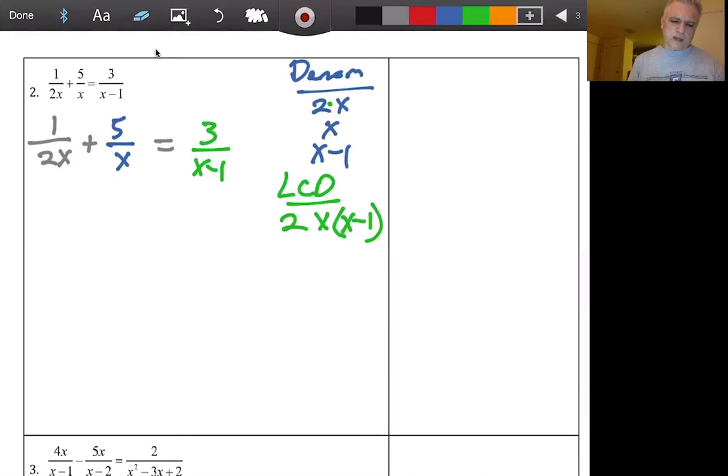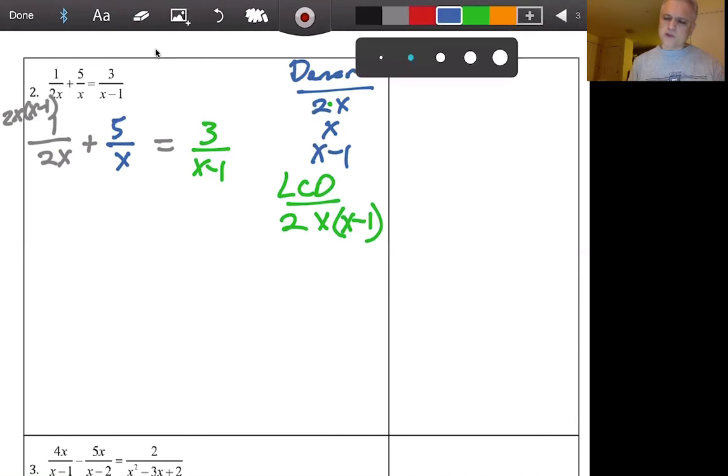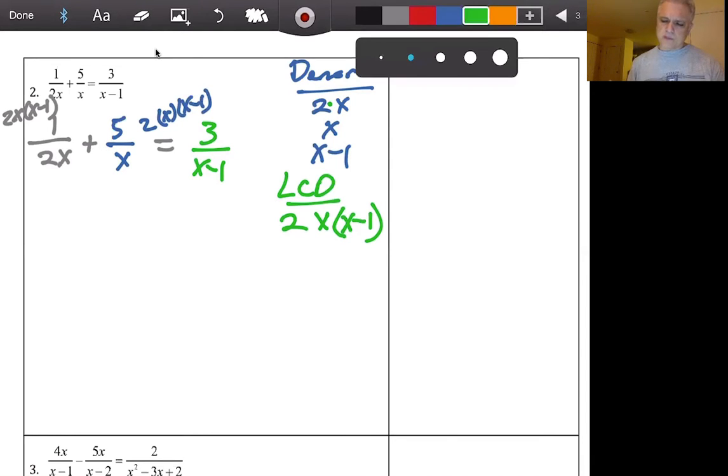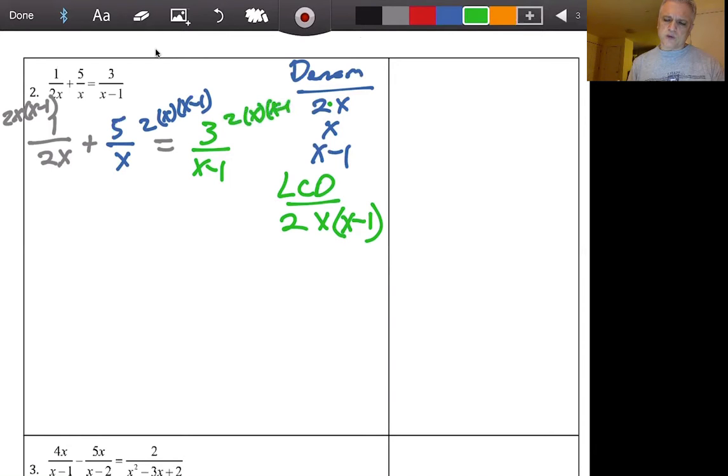We're going to multiply the first term, the gray term, by the LCD, and multiply the blue term by the LCD, and we're going to multiply the green term by the LCD.